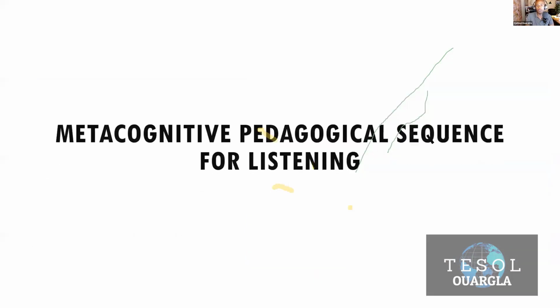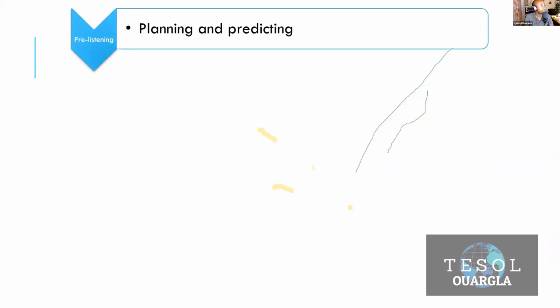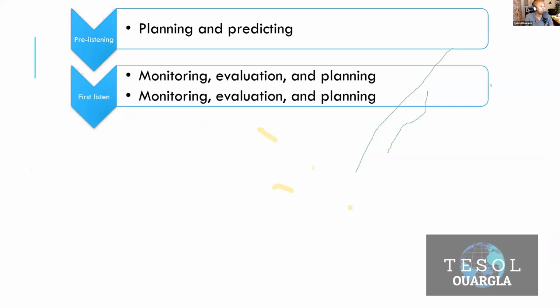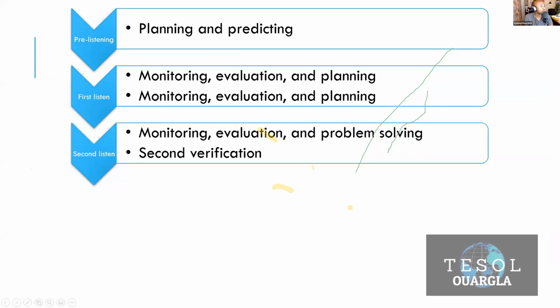And so before I finish, I want just to give you a framework for any kind of lesson that you want to have, which is planning, and you start with pre-listening, which is planning and predicting. Then you go to first listen, in which you monitor, you evaluate, and you plan. And then you go to second listen, in which, again, you monitor, evaluate, and solve a problem, if there is. Then you have your second verification.